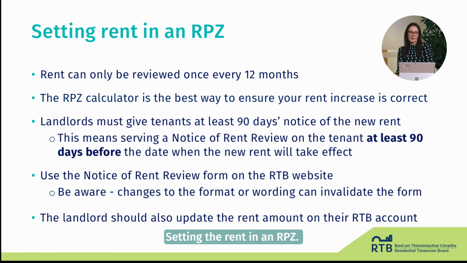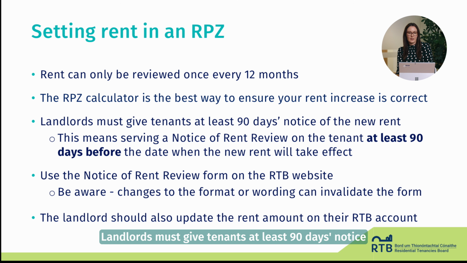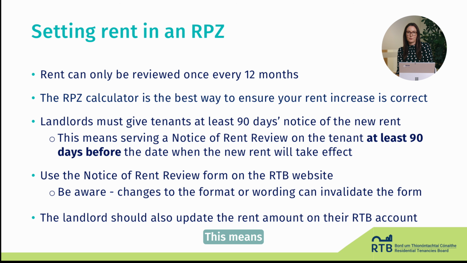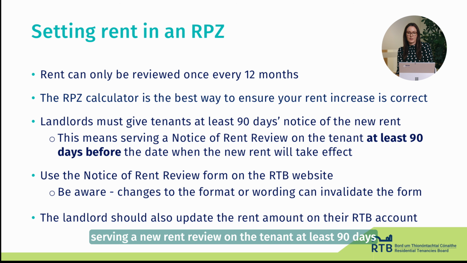Setting the rent in an RPZ. Rent can only be reviewed once every 12 months. The RPZ calculator is the best way to ensure your rent increase is correct. Landlords must give tenants at least 90 days notice of the new rent. This means serving a new rent review on the tenant at least 90 days before the date when the new rent will take effect.